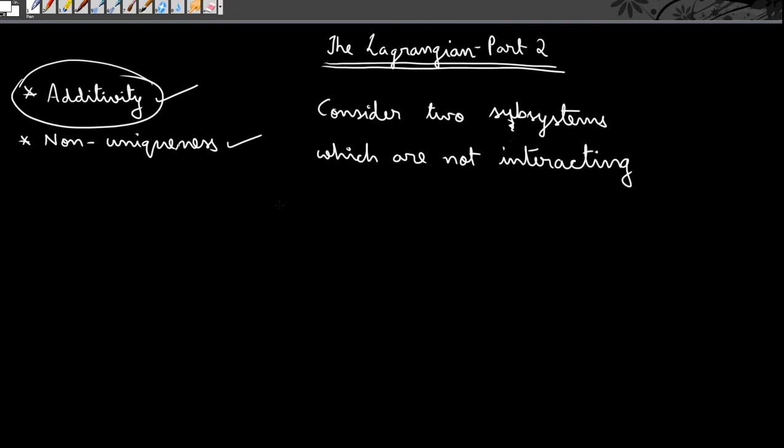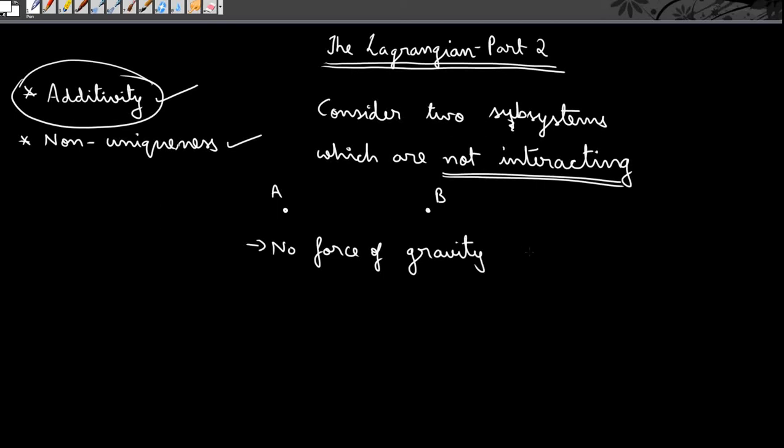For example, you can consider two particles A and B separated by some distance, and when I say that they are not interacting, what I mean is that there is no force of gravity between them, or if there is any, it can be safely neglected because it may be very, very small.